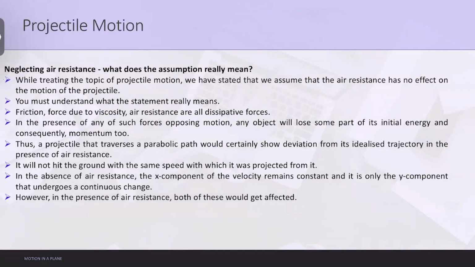In the presence of any of such forces opposing motion, any object will lose some part of its initial energy and consequently momentum too. Do you know what momentum is? It is mass multiplied by velocity.